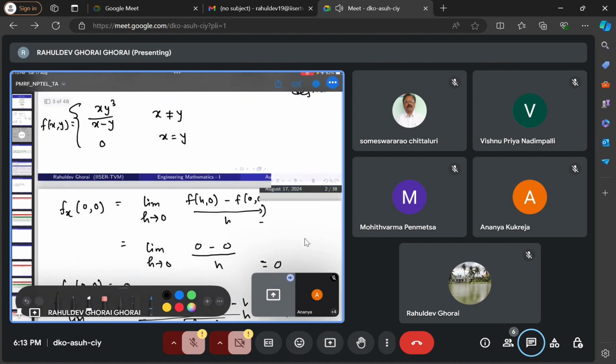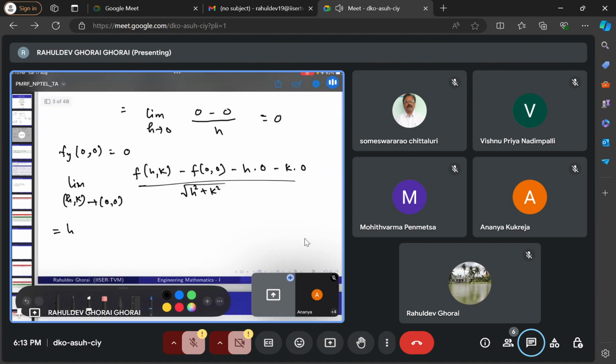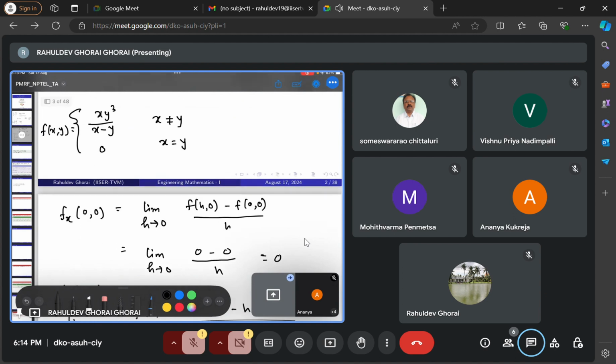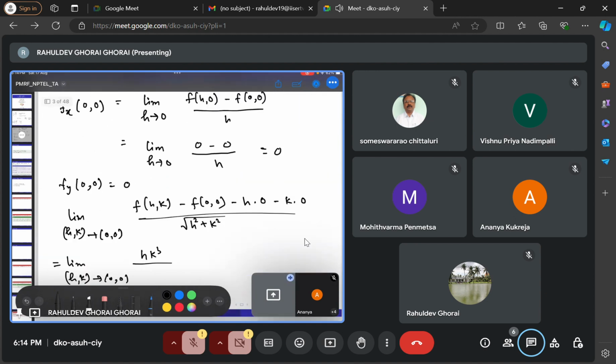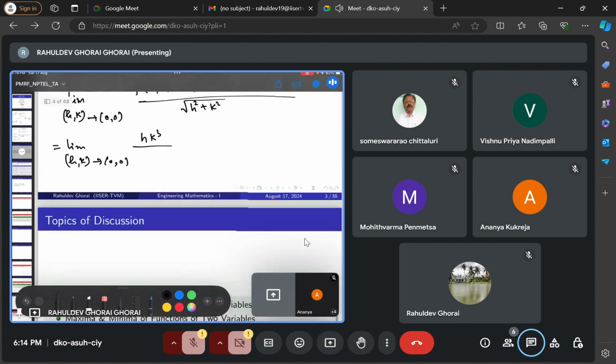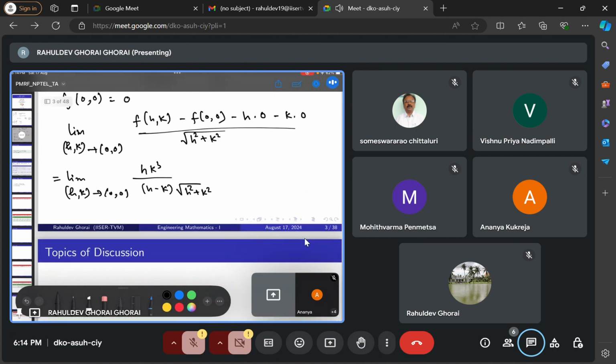So what will this give? What is f(h, k)? It will be h k cube over h minus k times the square root of h square plus k square, right?